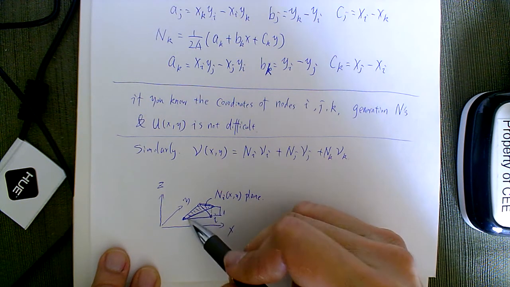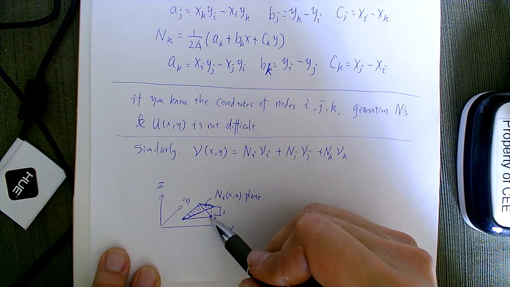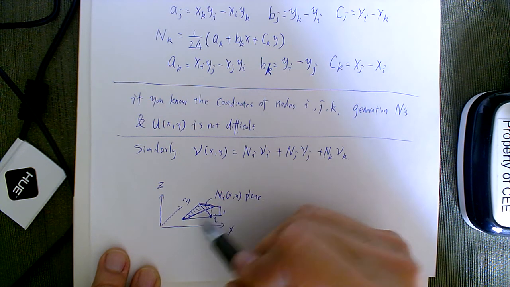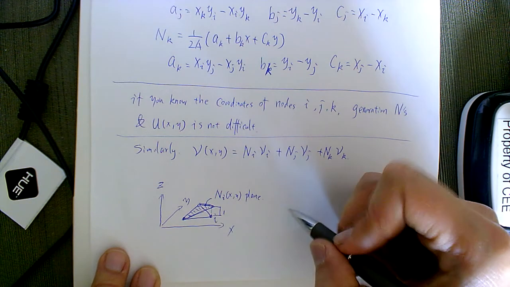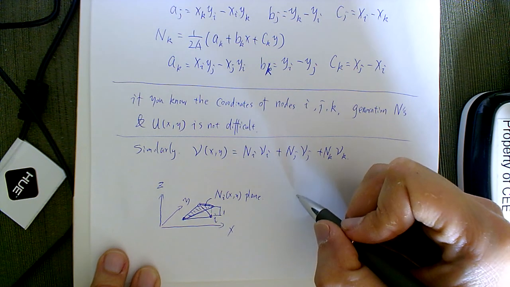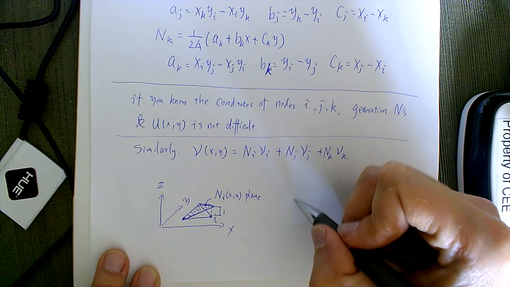It's like you keep the other two nodes constant and just move this up by 1, and that's the deformation if you move i. So you got the drill.